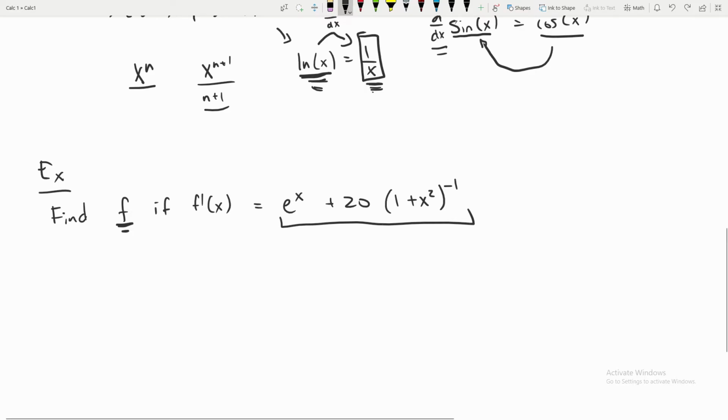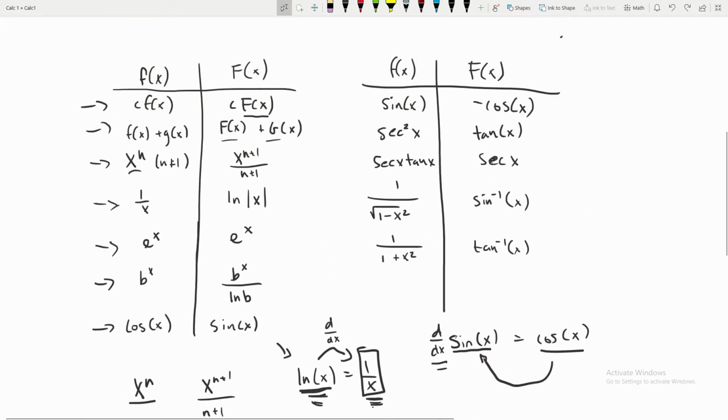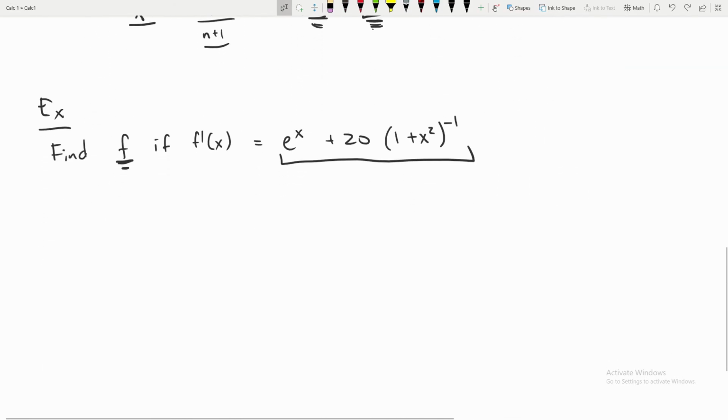And again, we're just going to apply some of the functions that we see from this table to what we have. So the derivative of e to the x is e to the x itself. That means that the initial function that we started off with was e to the x, because if we were to take the derivative of this, we would still end up with e to the x.